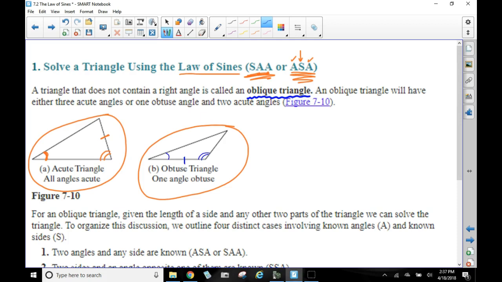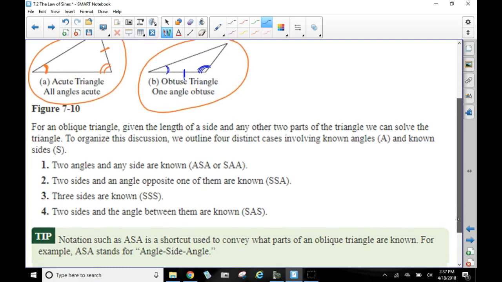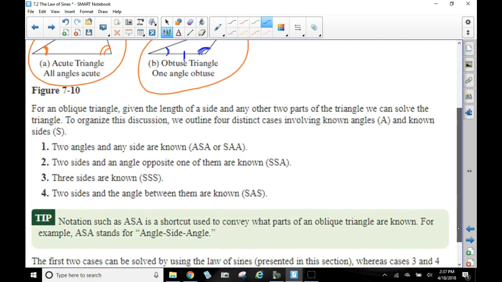That is what we call the angle-side-angle case. For that, we're going to be using the law of sines. If you are given two sides and an angle opposite one of them, the side-side-angle, non-included angle case, you're going to still use the law of sines.